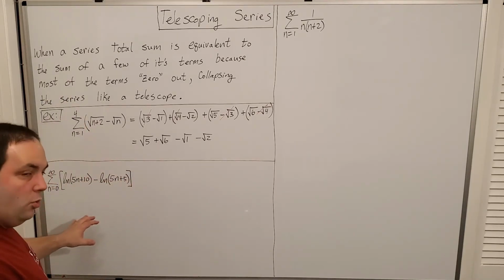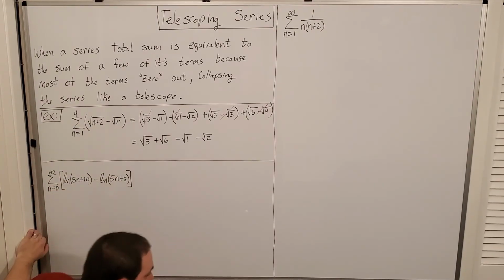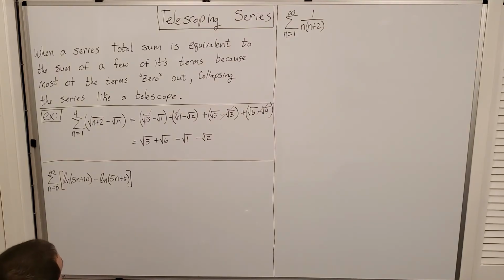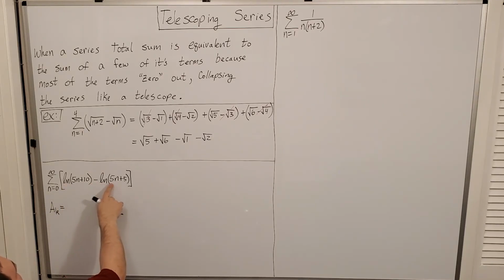Okay, so let's start with this guy right here. I'm going to write out some generic sums here, right? I'm going to start with n equals 0. When n equals 0, I'll call this a sub k. When n equals 0, I've got ln of 10 minus ln of 5.